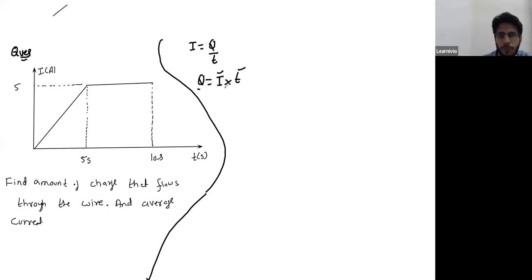If a quantity is the product of two quantities, then the area under the graph will give the third quantity. Here charge is current multiplied by time, so the area under the current versus time graph will give charge. If I write V is equal to IR, voltage is current into resistance.